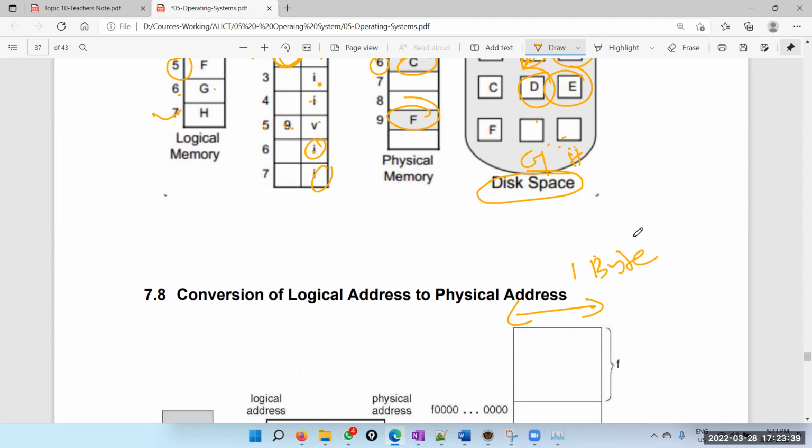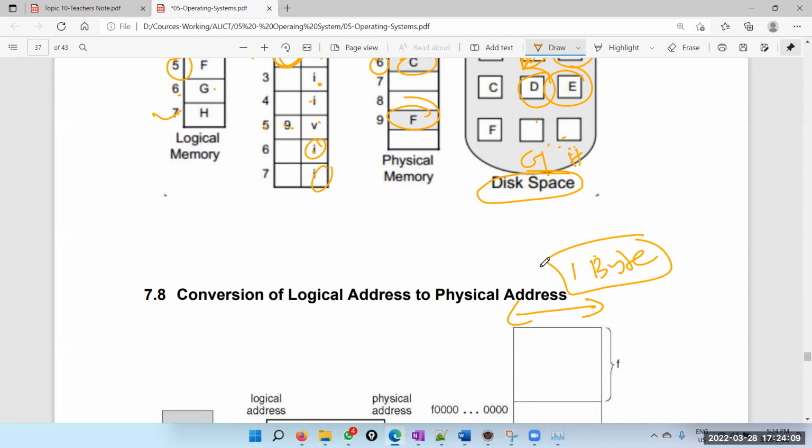Just keep it in mind, but usually you don't have to rely on that. There can be special cases where it is not 1 byte, but in the MCQ, if they ask what is the size of the physical memory, and if they have not provided any other information, yes, the default physical memory address is 1 byte width, that is 8-bit width.